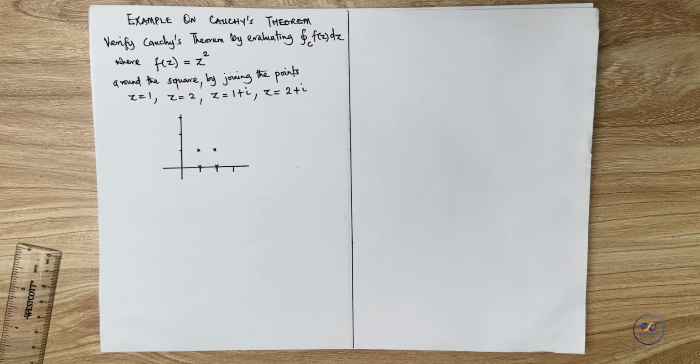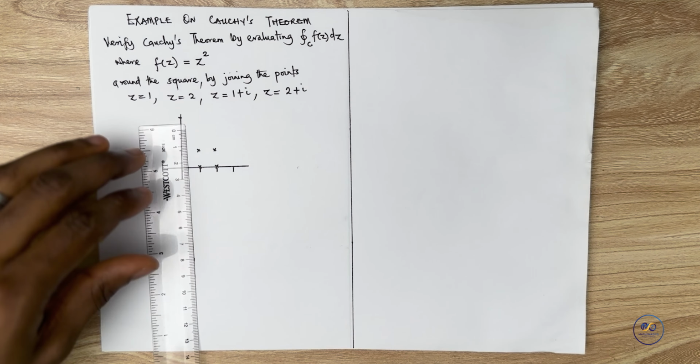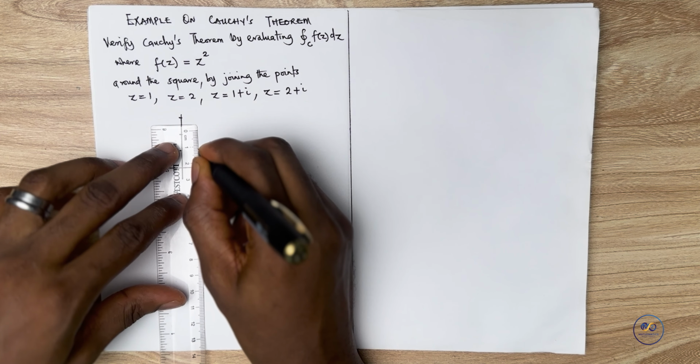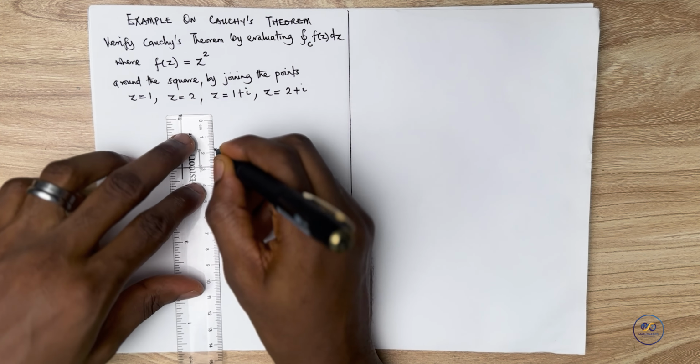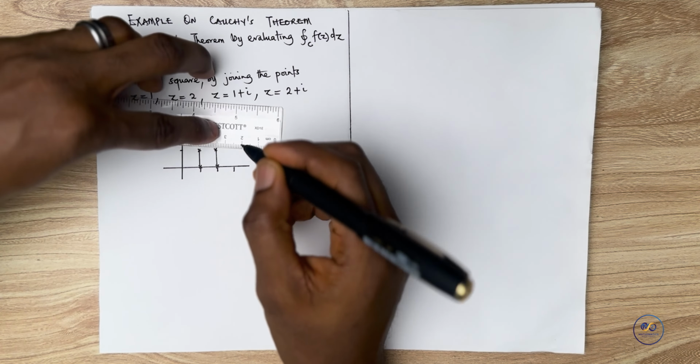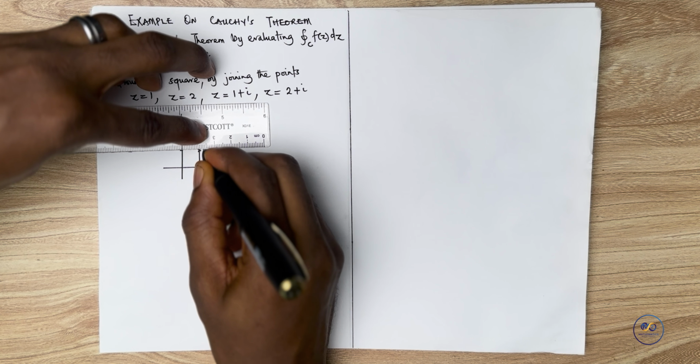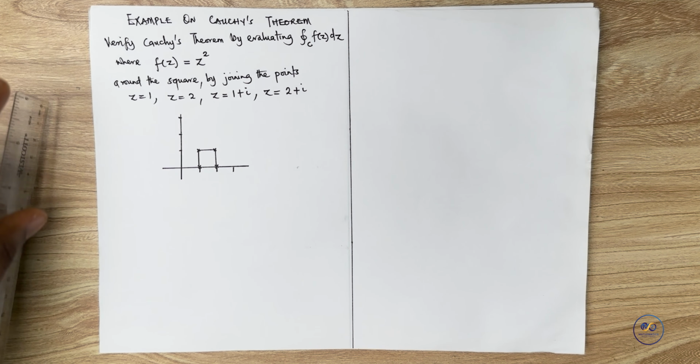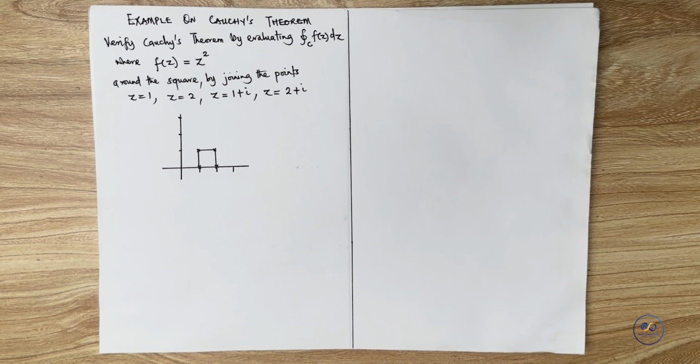Of course, this is a rough sketch, where we are trying to represent a scale of 1 centimeter to 1 unit. If we connect this, this would be a good similitude of the simply connected region that this function operates in.